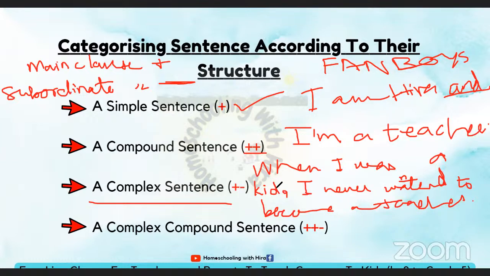So now I have a complete sentence. I never wanted to become a teacher. This is a complete sentence. But I want to make my sentence structure better. I want to give some more information to my reader. So I have combined my complete sentence, the complete clause, with the dependent clause.